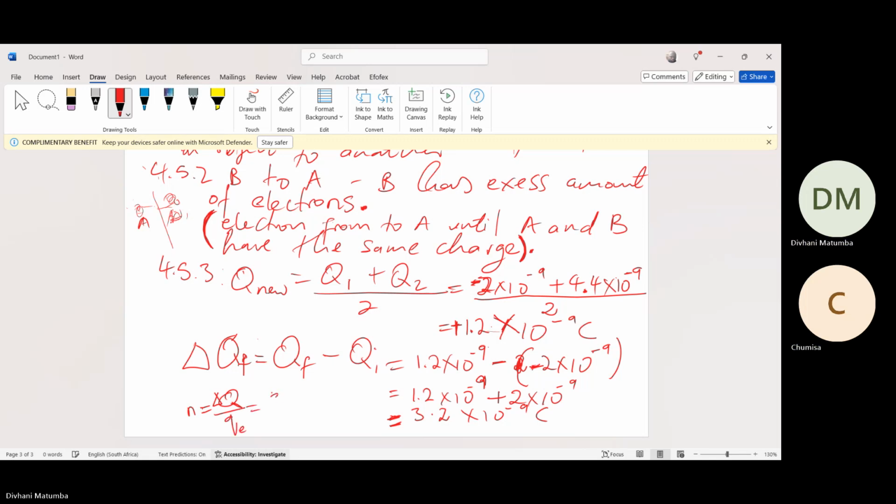Yes, sir. 3.2 times 10 to the power of minus 9, all divided by 1.6 times 10 to the power of minus 19. So how much are we going to get? I think we're going to get 2 times 10 to the power of 10. But you can check it. Did you get the same?